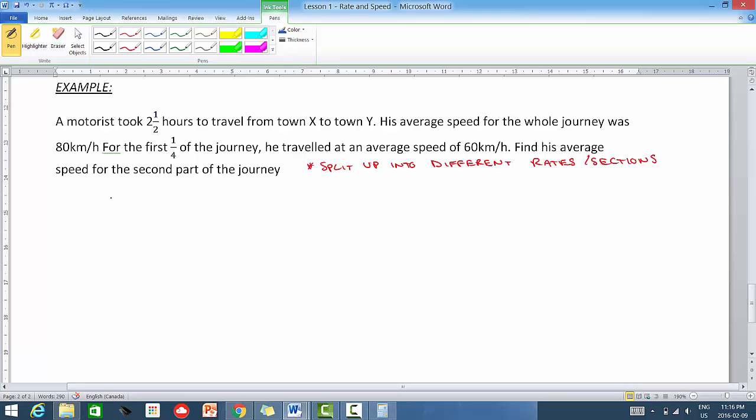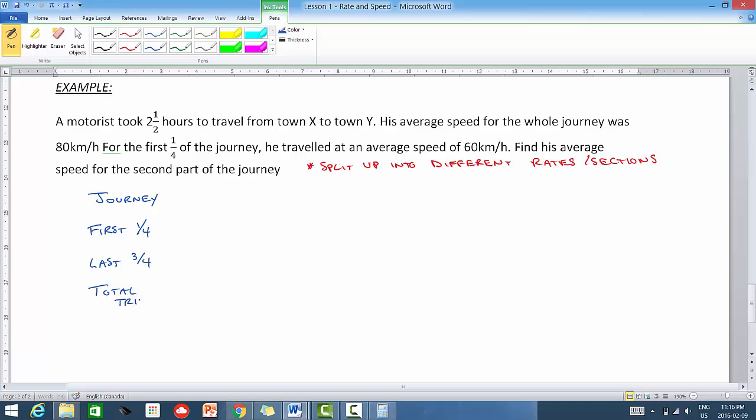Over here, we're going to have journey, and we have first quarter of the journey, last 3 quarters, which makes up the total. And then it says the motorist took 2.5 hours to complete the travel from town X to town Y. So all together, we're going to have a section that has total trip.